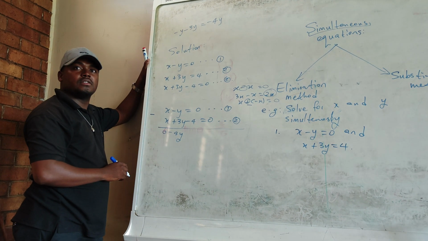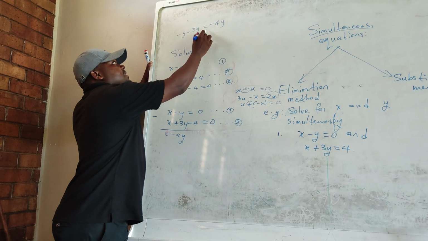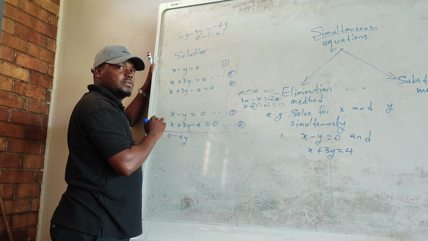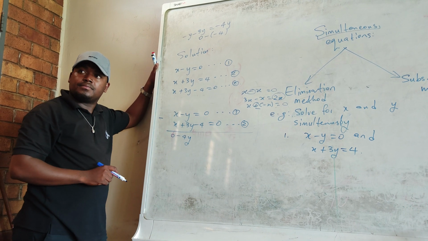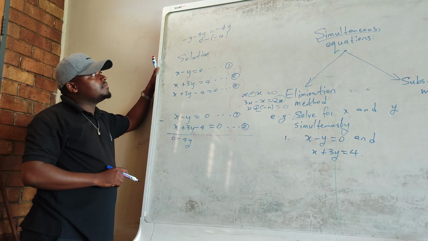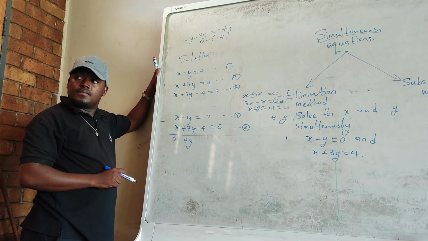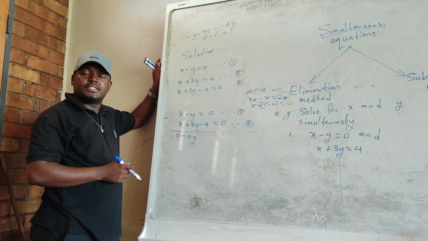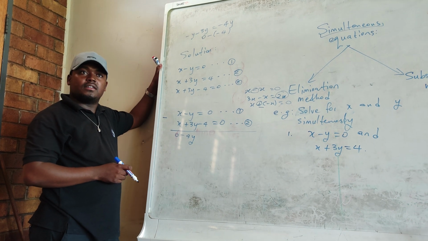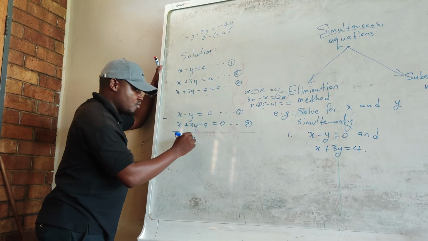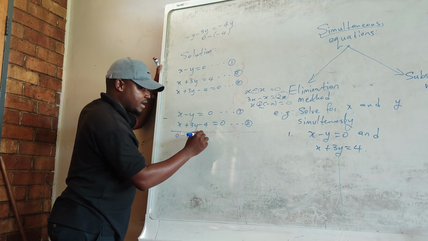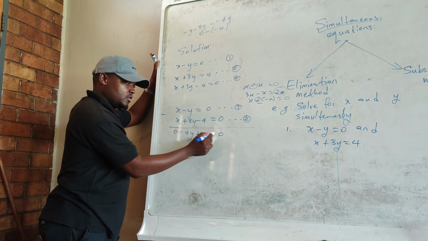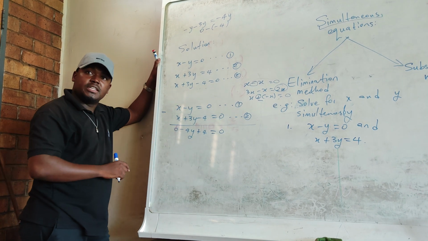What is the answer? 0 minus negative 4. Let's use a calculator. The answer is positive 4. You see that we need those numbers to work. Yes, 0 minus 0 is 0. You see that here x is eliminated.